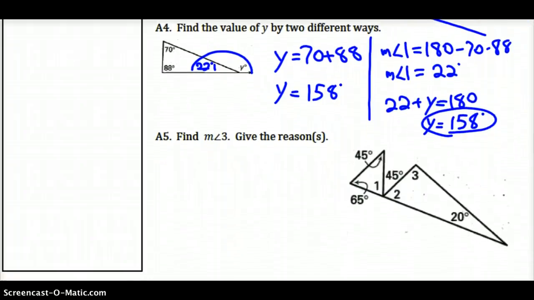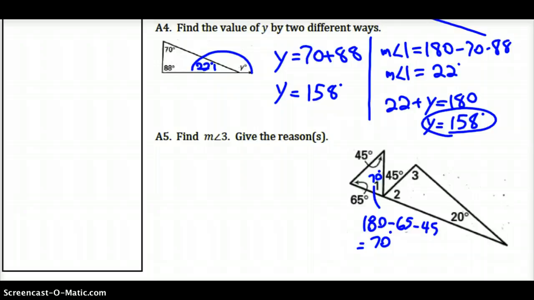And then finally, find the measure of angle 3. Well, first of all, angle 1 is going to be 180 minus 65 minus 45. So the measure of angle 1 is 70 degrees.